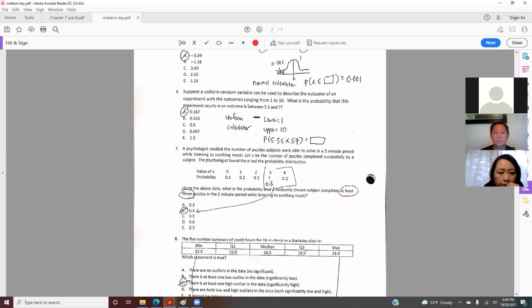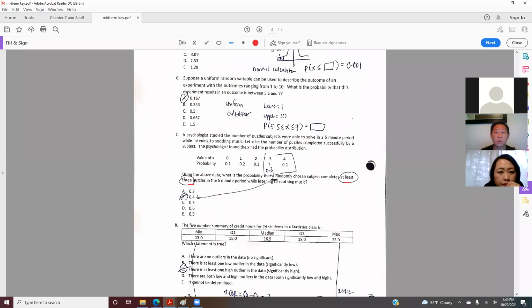Because the total has to be 1. In order for you to have a probability distribution, the sum of the probabilities has to be 1. So did you just add those, the 0.12, and then subtract from 1? Okay.